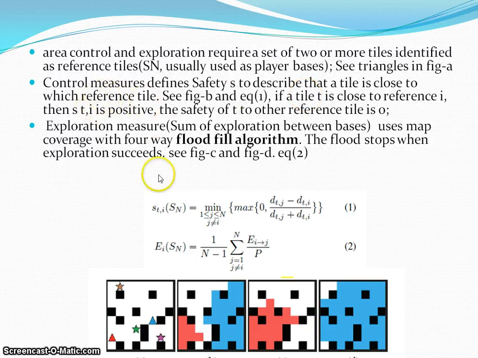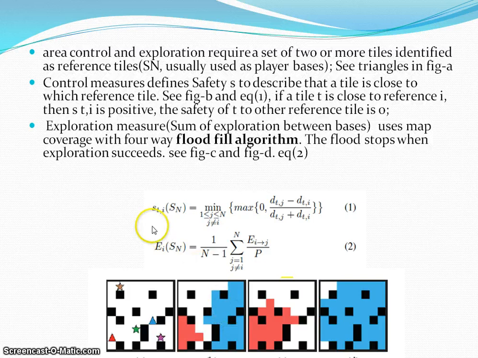For example, in the second figure, the red tiles are tiles close to the red triangle, and the blue ones are close to the blue triangle, and the white ones are between them and have the same distance to both positions.